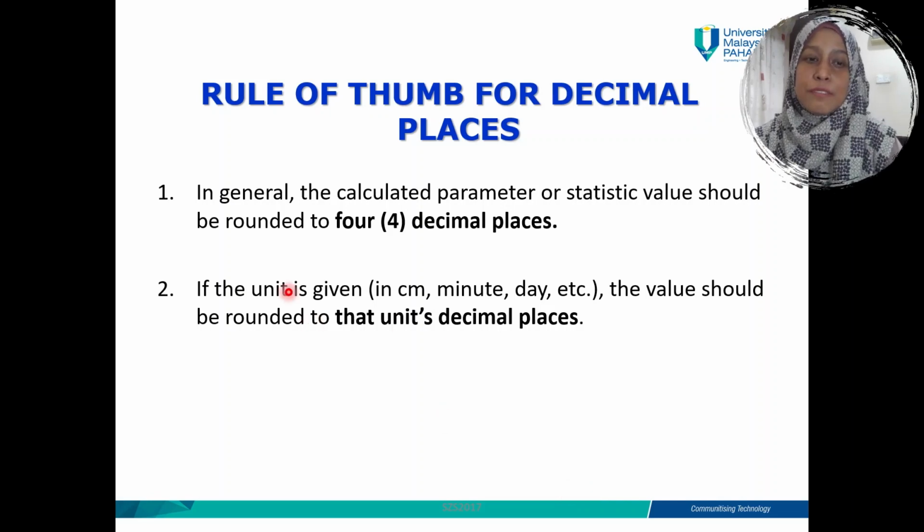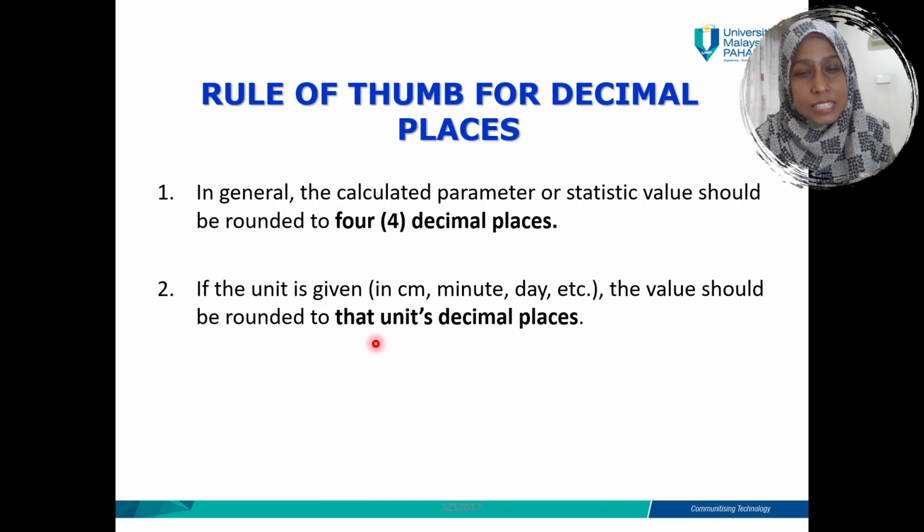And also, if the variable in the question has a unit, let's say the question is about weight, when you write your answer, you need to write down the unit as well. There is a penalty given if you don't use 4 decimal places and if you don't write the unit for your answer. If the variable does not have any unit, then it's okay to not write down a unit. So please remember this rule of thumb.